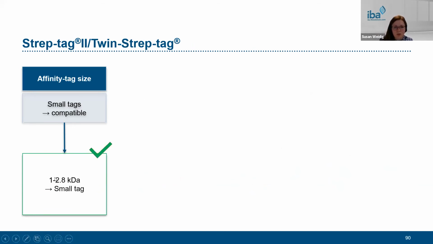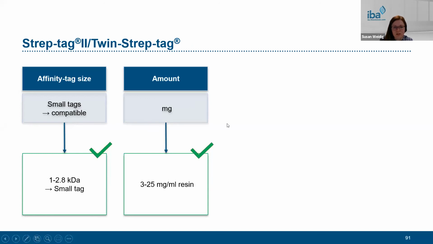The Strep-tag II has a molecular weight of 1 kilodalton, and the Twin-Strep-tag has a molecular weight of 2.8 kilodalton. The Twin-Strep-tag is the larger tag because it contains the Strep-tag II motif two times, and both motifs are separated by a spacer sequence. And therefore, both tags have a different size.